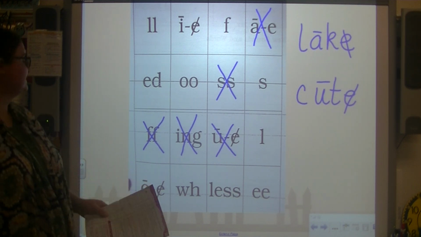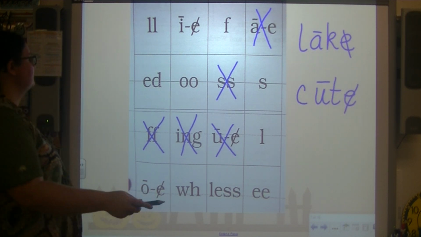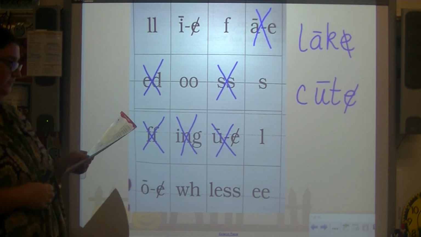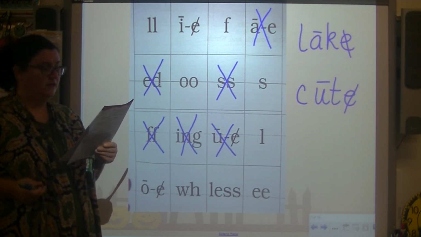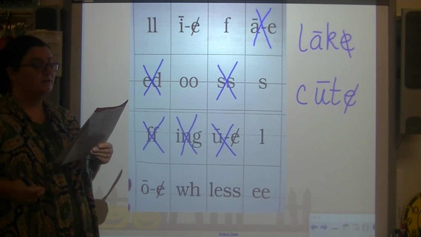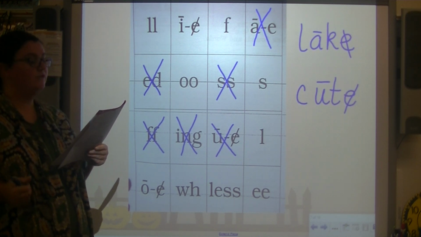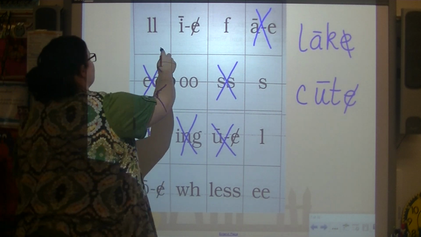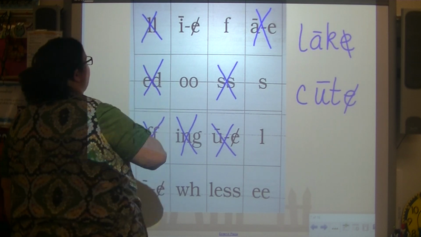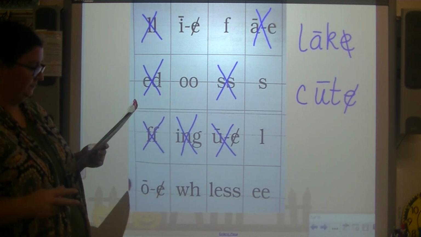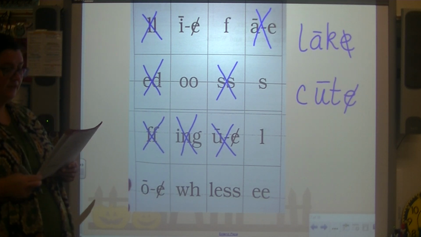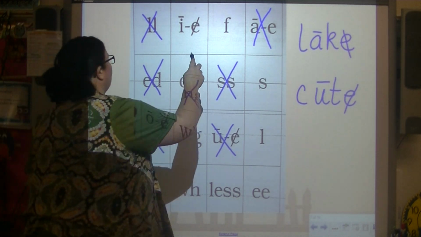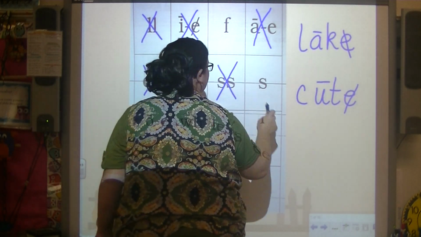The suffix in landed, suffix ed. The final sound in thrill, floss rule, LL. The vowel sound in like, I consonant E.